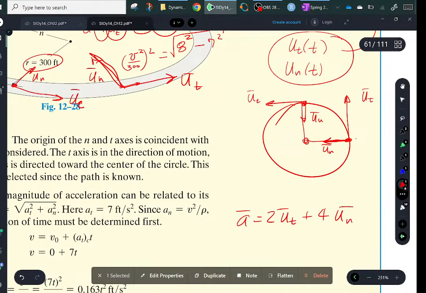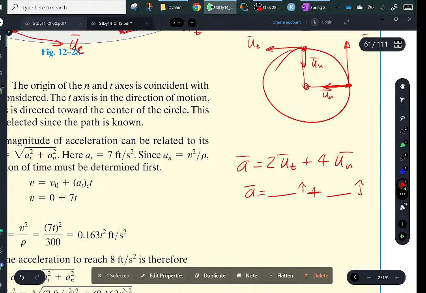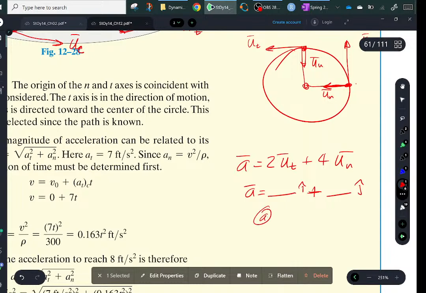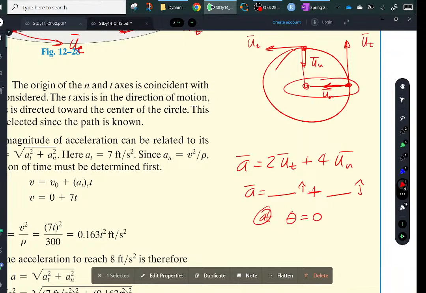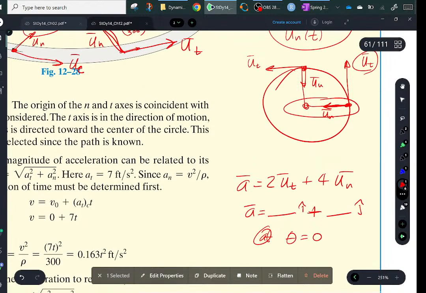And then I'll say, what's the acceleration in I and J at theta equal to 0, which would be this point right here. If you understood it conceptually, you'd say, hey, wait a minute, that's the 2, goes with this, and that would go right there. This would go back to the left, and it'd be a minus 4, and you're done.